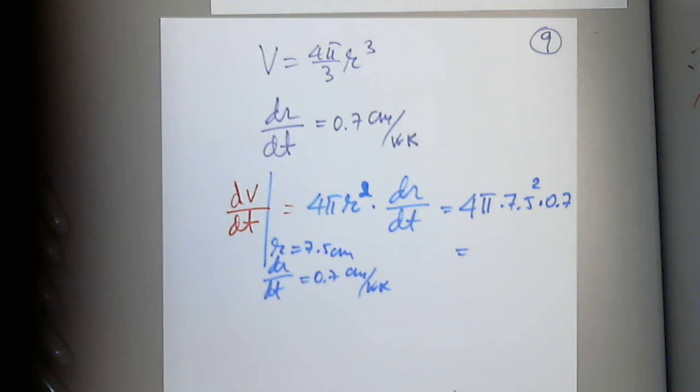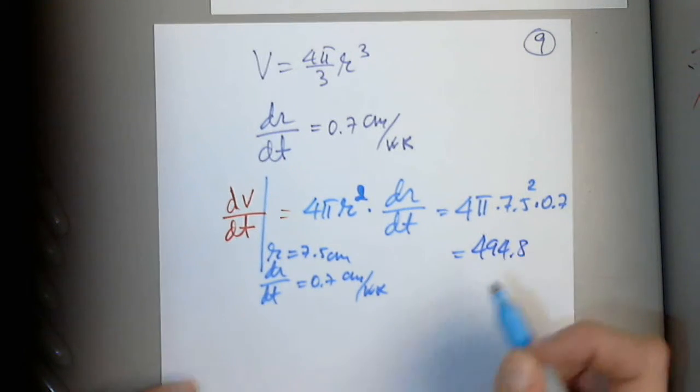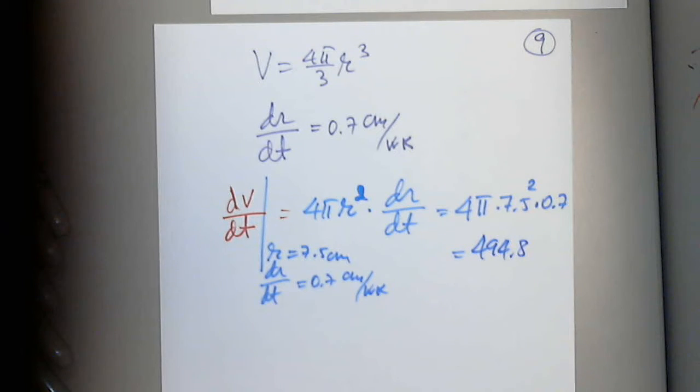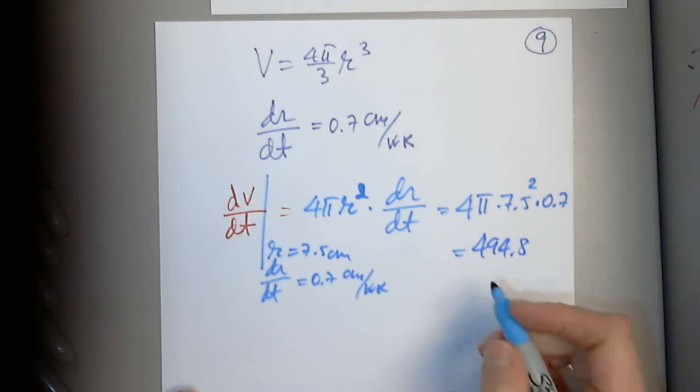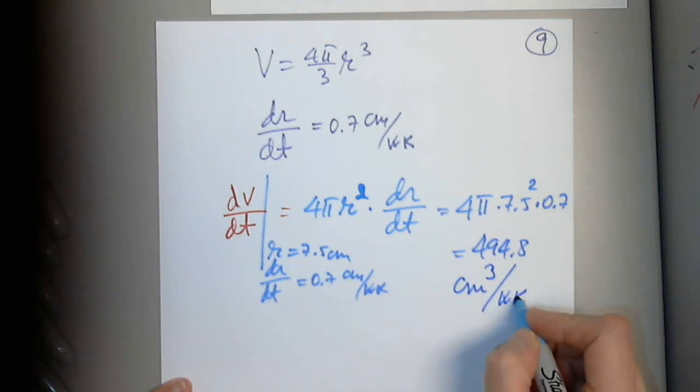So it's 4 times pi times 7.5 squared times 0.7. And I got 494.8. Measurement unit, please. Centimeters per week. Or volume, oh, I'm sorry, that is cube. Yes, cubic centimeters per week.